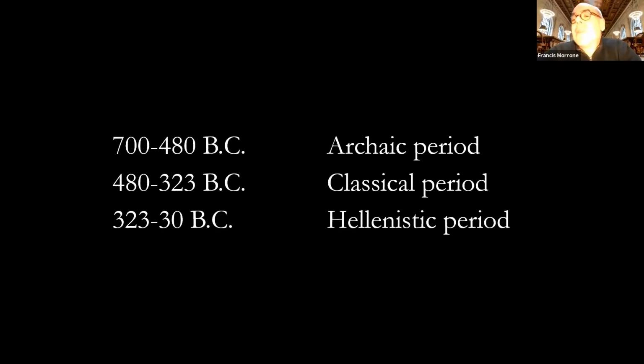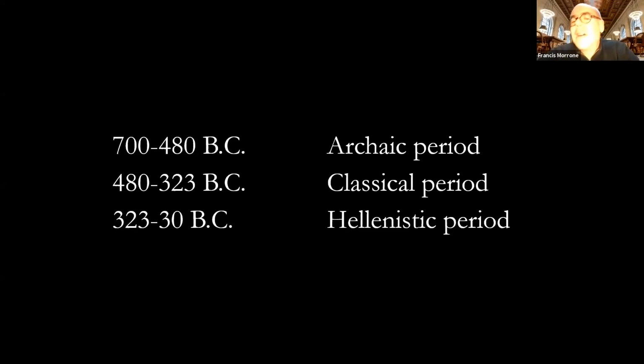These are the three periods that you need to know about if you want to talk about classical Greek architecture. There's the period that we call the Archaic period. And there is a period called the Classical period, which follows that. And what's a little bit odd is that there's a lot of architecture from the Archaic period that we nonetheless refer to as classical.